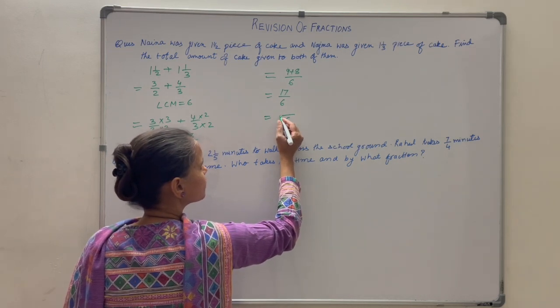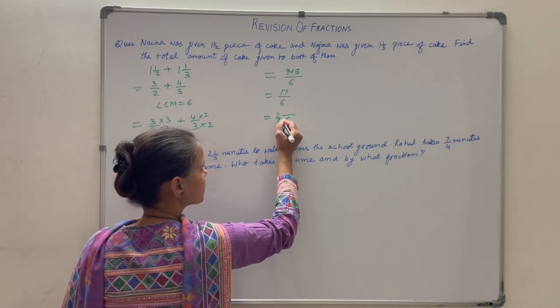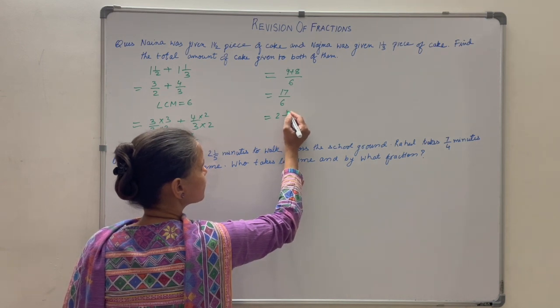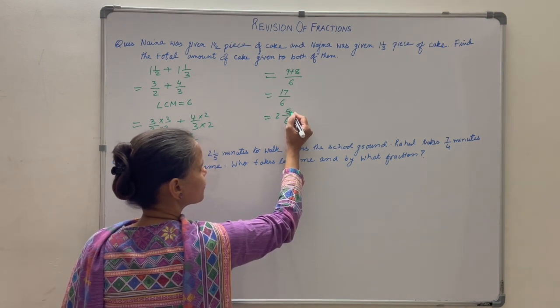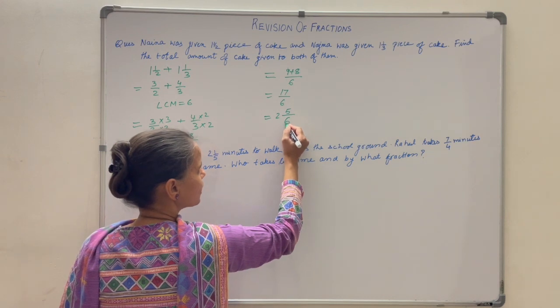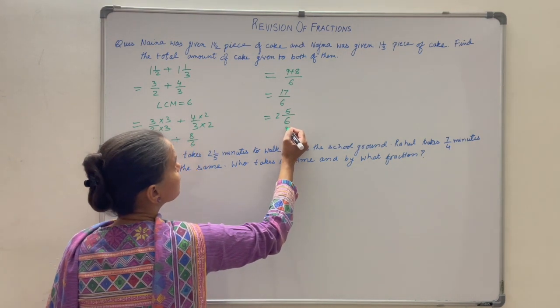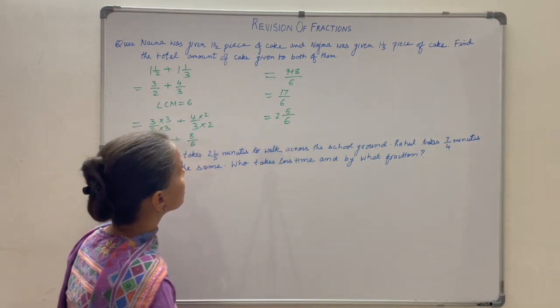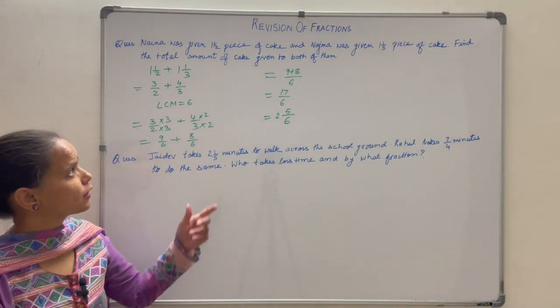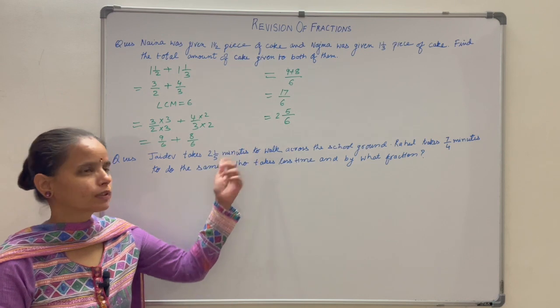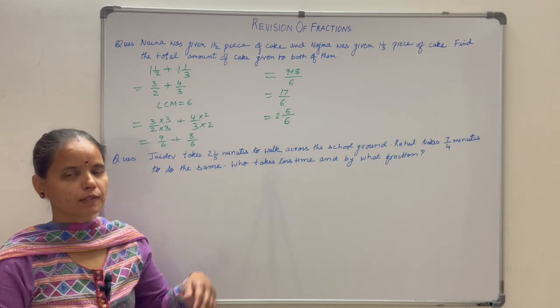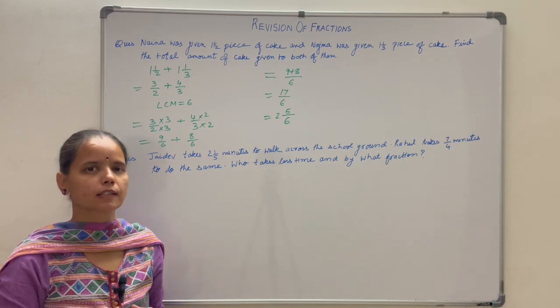You get 2 as the quotient, which you write here. And here you will get 5 as the remainder, which you write in the numerator, and divisor in the denominator. So 2, 5 by 6 is the total amount of cake given to both of them. Both the answers are the same, done by the previous method and this method.